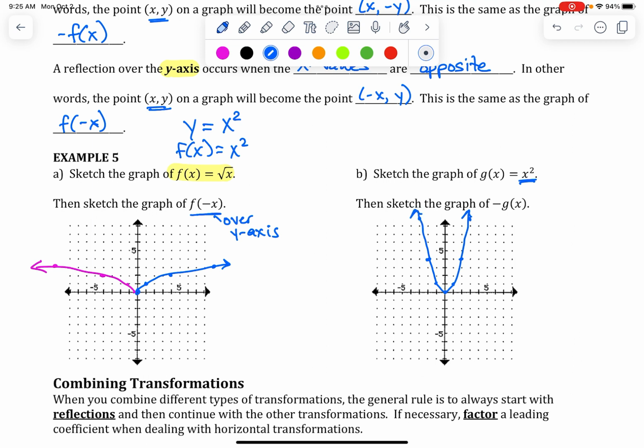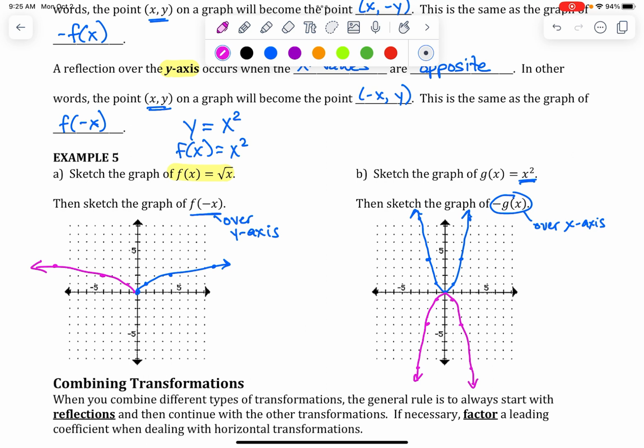And then since we're reflecting it with the negative on the outside of the parentheses, it's flipping over the x-axis. Okay? And again, where the parentheses are makes a big difference. Okay? And so there's your reflected parabola.